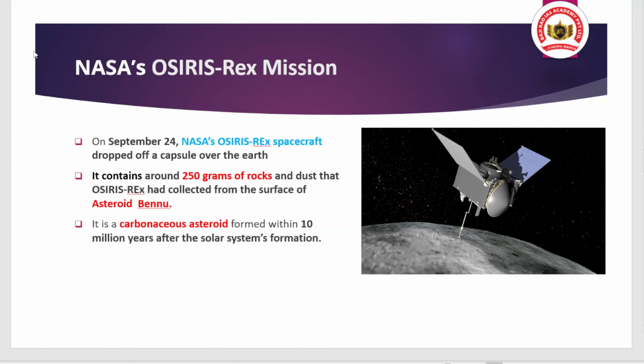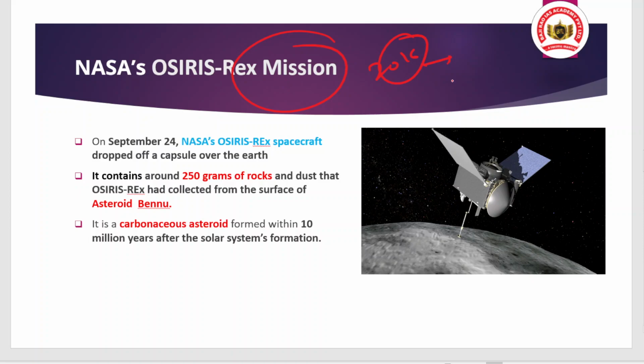Specifically, when we talk about NASA, they conduct various operations to understand the origin of the universe, the origin of the planets, the origin of the solar system, and all of that. One of the missions that NASA launched was the OSIRIS-REx mission, launched in 2016, and this was basically a sample returning mission.